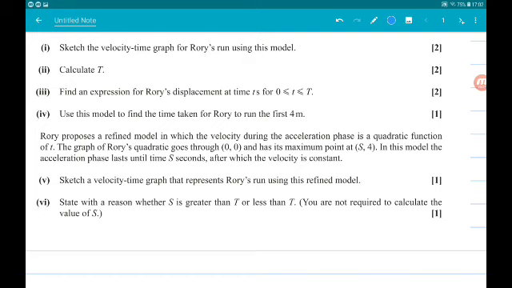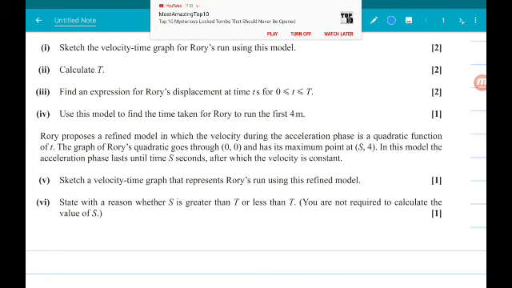In this model, the acceleration phase lasts until time s seconds, after which the velocity is constant. Part 5 wants us to sketch a velocity time graph that represents Rory's run using his refined model.